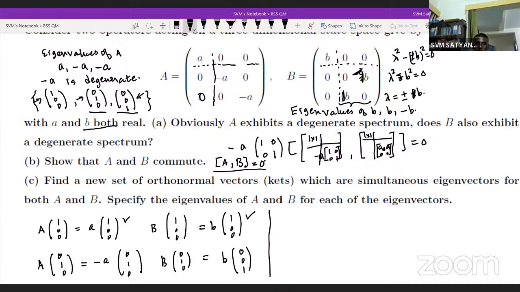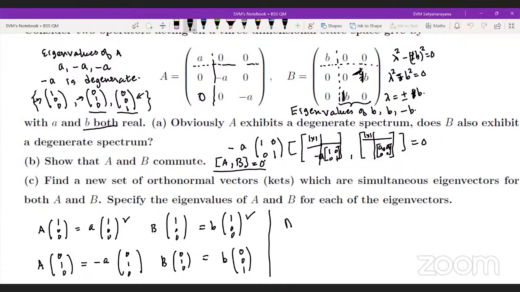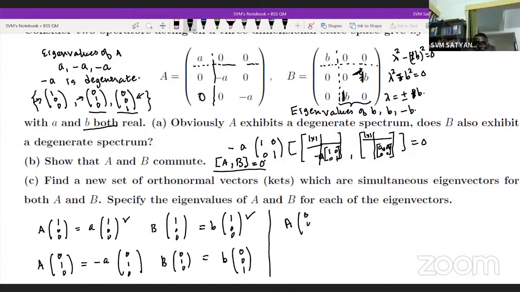Okay, so that is important to note. Similarly, when you write A on 0 0 1, you will get minus A times 0 0 1, whereas when you take B on 0 0 1, you will get B times 0 1 0.